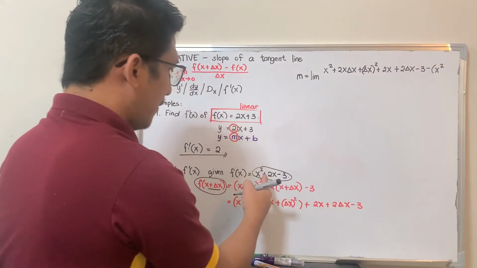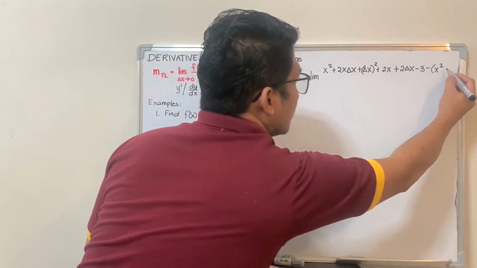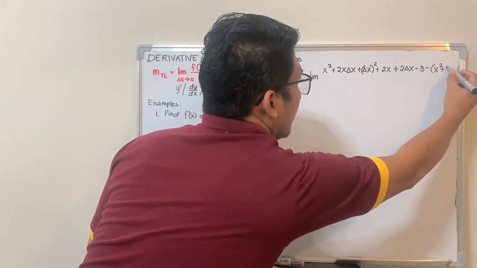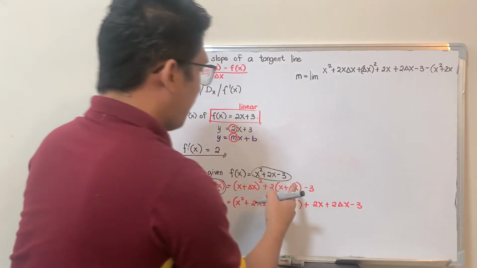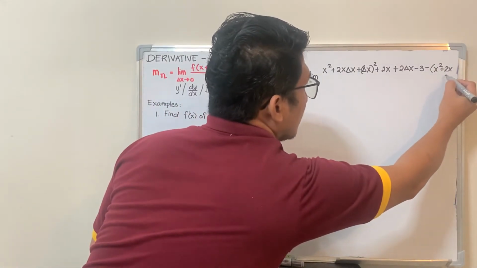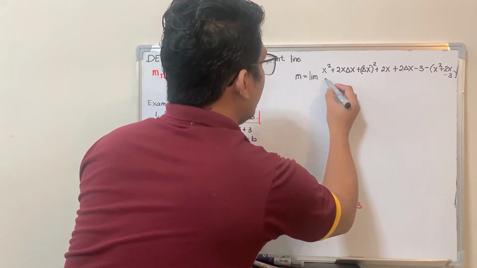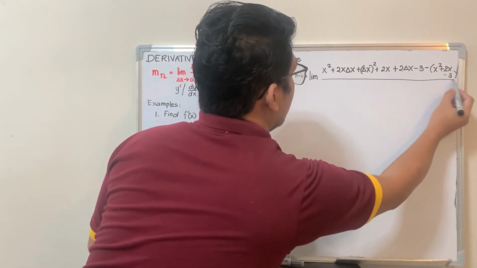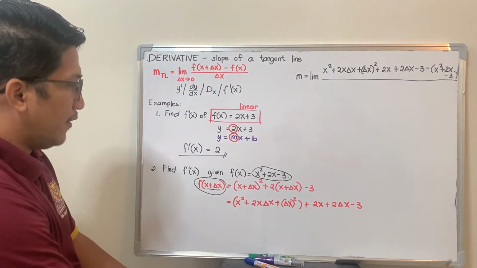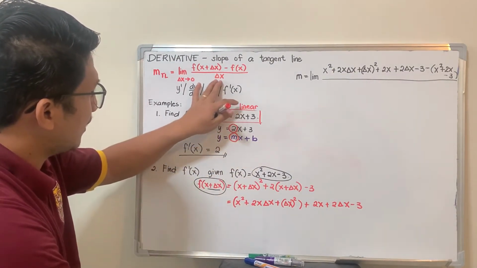X squared plus 2x, minus 3, okay, all over delta x.